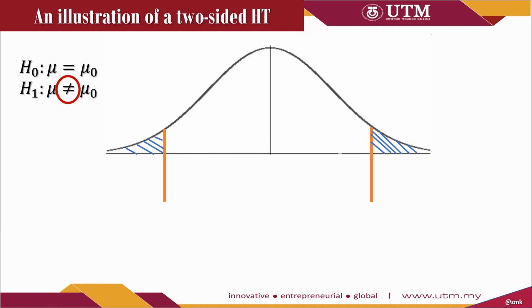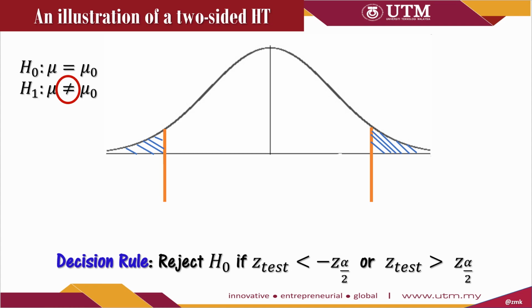Hence, a possible decision rule or rejection criterion in this example then is reject H0 if Z test is less than negative Z alpha over 2. That's on the left, or if Z test is greater than Z alpha over 2 on the right.